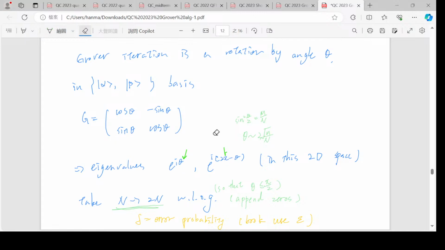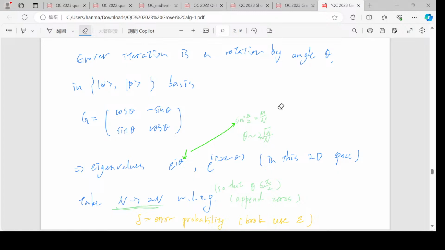So you learn theta, and we know sin squared of theta over 2 is m over n. N is public, so from theta and this equation, you can estimate your m. So the basic idea is: you do phase estimation on G, then you know theta, and then you classically calculate what the corresponding m is.